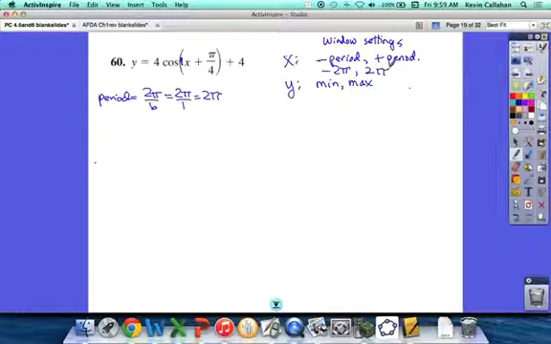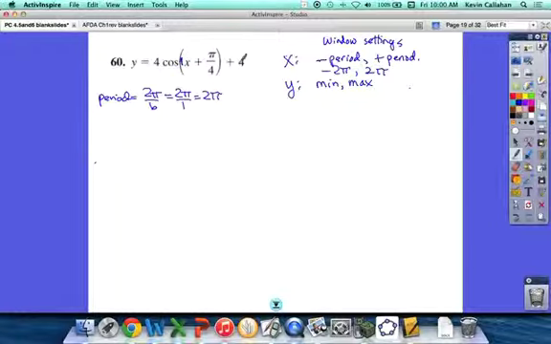Okay, now, what are the two things in here that affect the minimum and the maximum? Does shifting horizontally affect the minimum and the maximum? No. Does the period affect the minimum and the maximum? No. The two things that affect it are the amplitude, which is telling you how much it's going above and below the middle, and then the vertical shift.